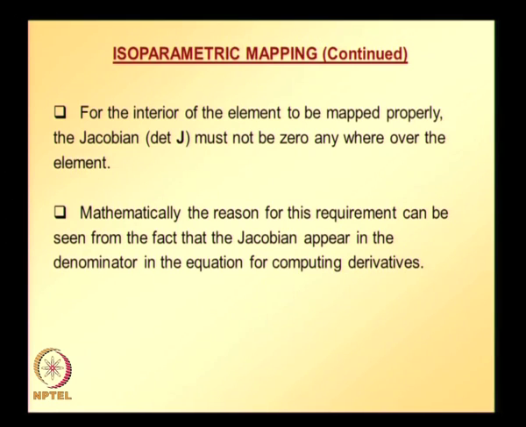So, that is what this statement says. Mathematically, the reason for this can be seen from the fact that the Jacobian appears in the denominator in the equation for computing derivatives with respect to x and y.